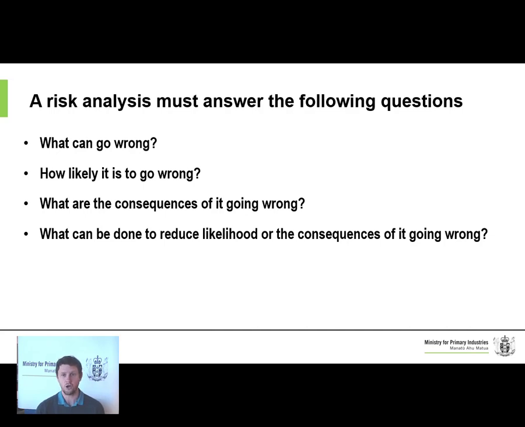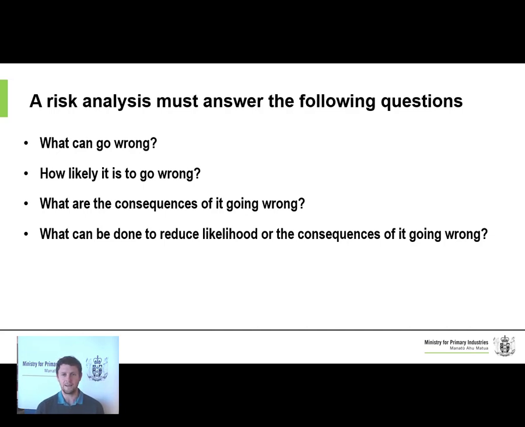What are the consequences of it going wrong? Again, in the car journey example, the likelihood of being involved in a car crash is very low. What are the consequences, however, of being in a car crash? We talk about certain scenarios involving the driver, involving the passengers in the vehicle, and involving other passengers and other vehicles or pedestrians. And what can be done to reduce the likelihood or the consequence of it going wrong?